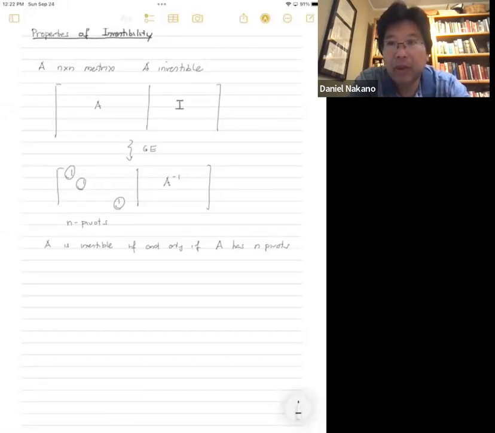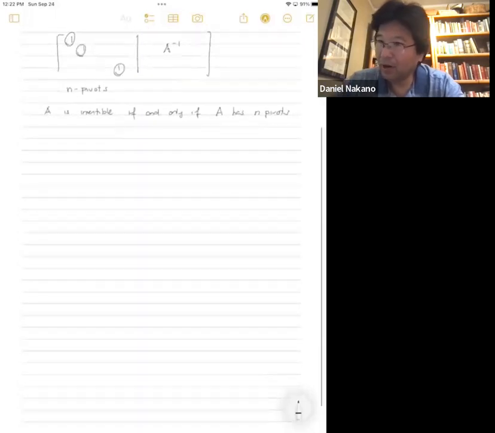And we've seen other consequences when you actually have n pivots. For example, if you have n pivots, then AX equals 0 has only the trivial solution. AX equals B has a unique solution. And so this forces really strong conditions on systems of equations, linear independence, and spanning. All right, so let me state the theorem.